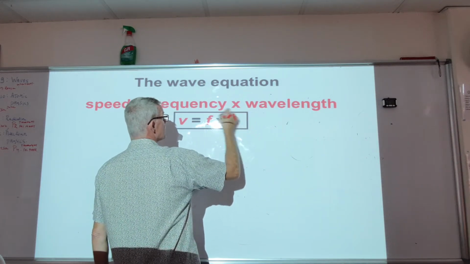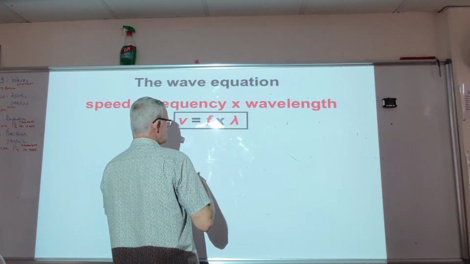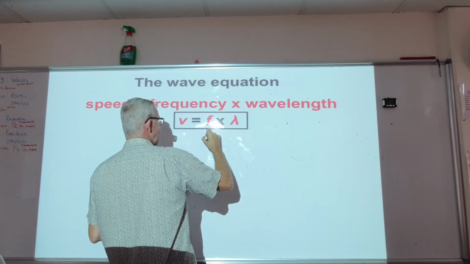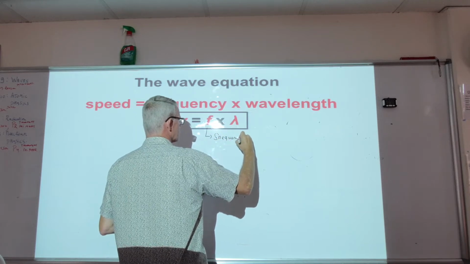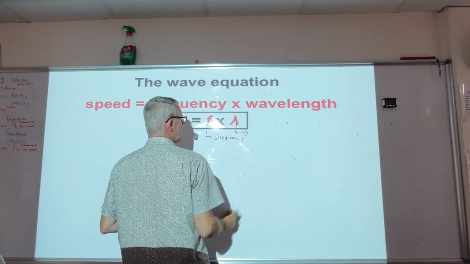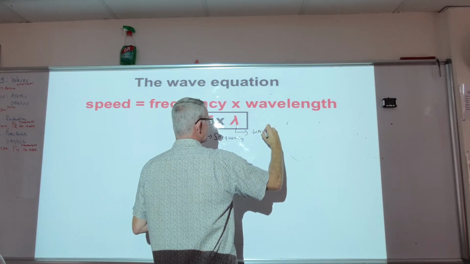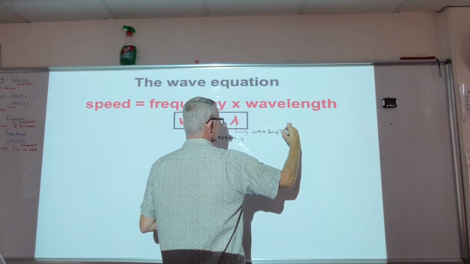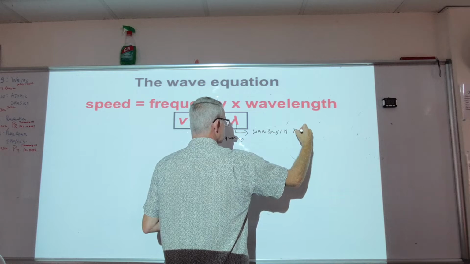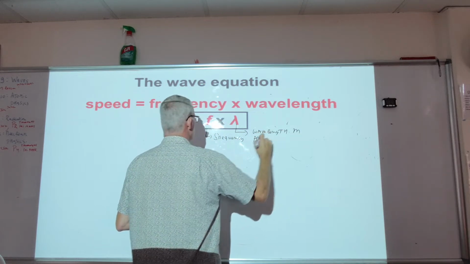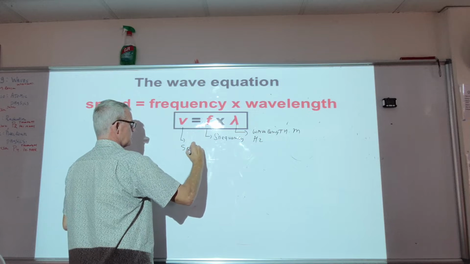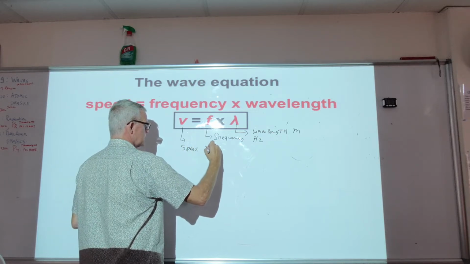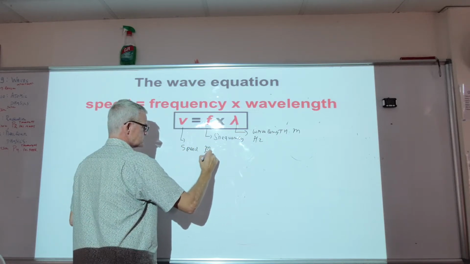And now see already which symbols we are using. We are using F for the frequency and lambda for the wavelength. And the wavelength is in meters, frequency is in hertz, and the speed is in meters per second.